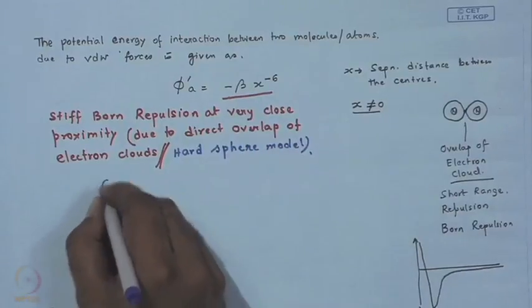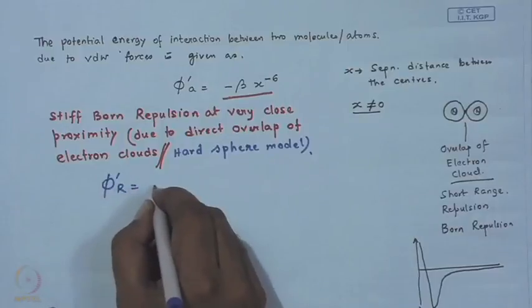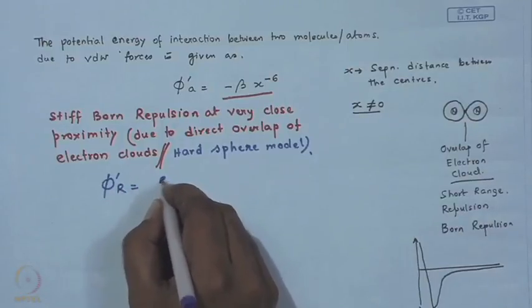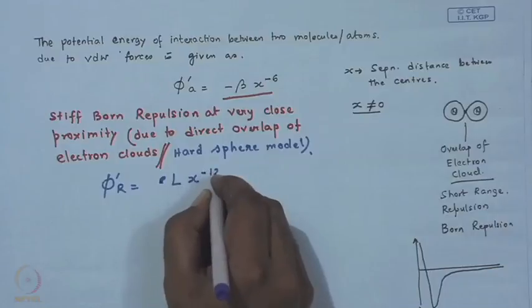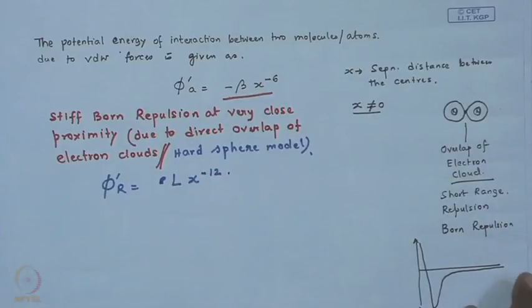Anyway, phi dash r, the repulsive component of the potential energy, one can write as, let us say we use the prefactor L x to the power beta.